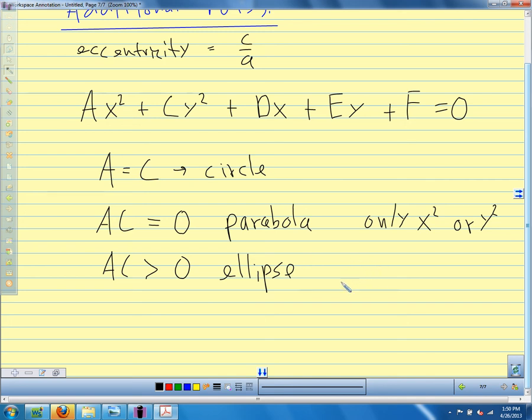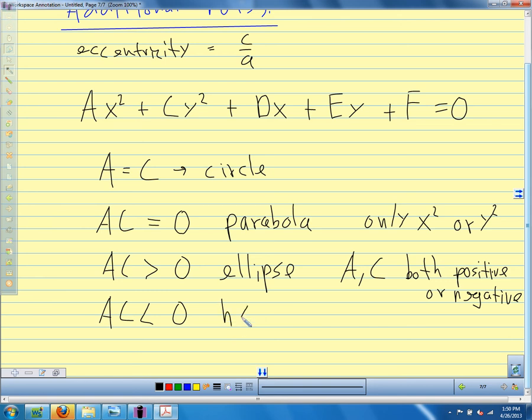That means A and C are either both positive or both negative. And then we only have one option left. If AC is less than 0, we have a hyperbola. And that means with A and C, one positive, one negative.